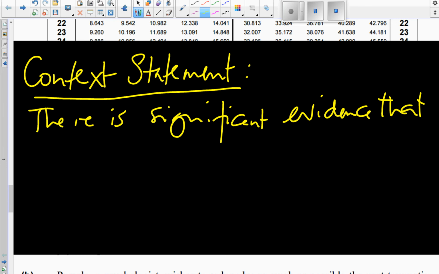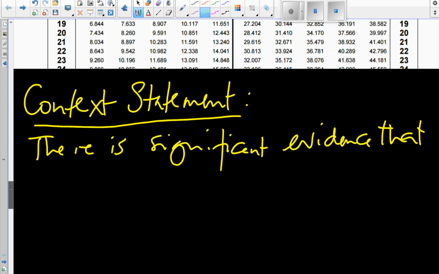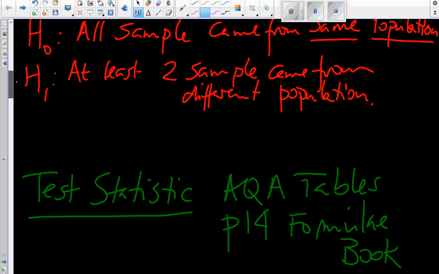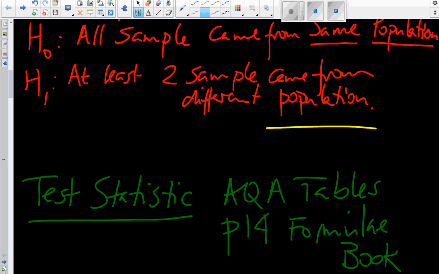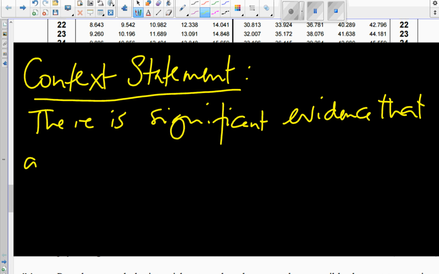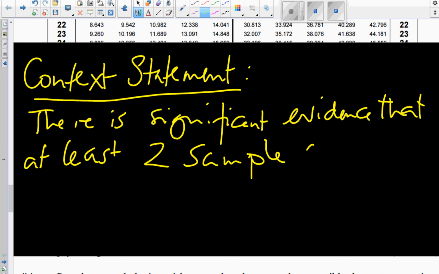There is significant evidence that. And then we go back to our H1 that we had earlier: at least 2 samples came from different populations. So we're just going to copy that back down.